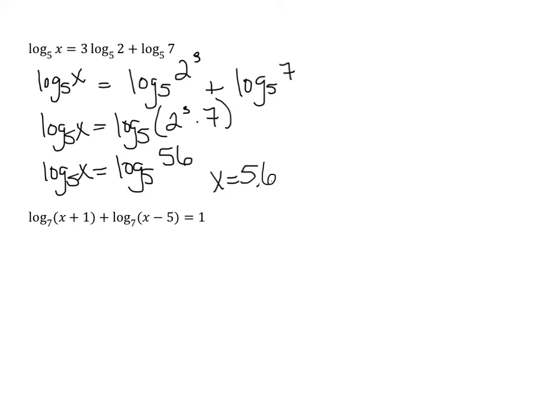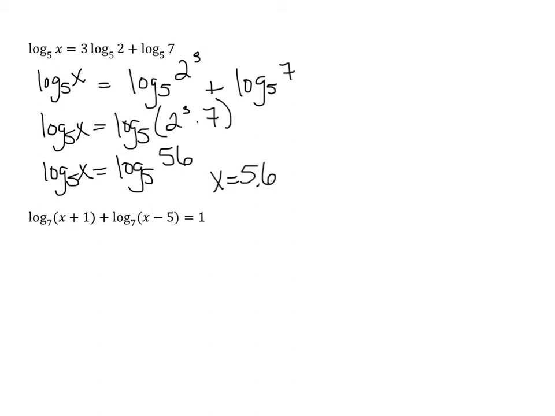Taking a look at the next one, we're going to go through the same process. Now, one thing I want you to pay attention to: see how these are added, this is subtracted. A lot of you are going to want to distribute this logarithm. You are not allowed to do that. You cannot distribute a logarithm. It's like distributing a square root.